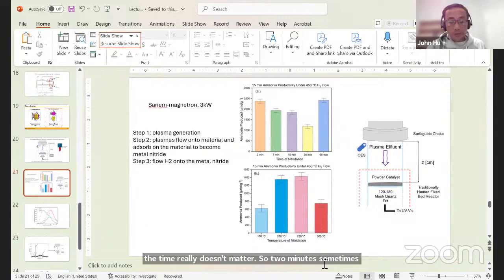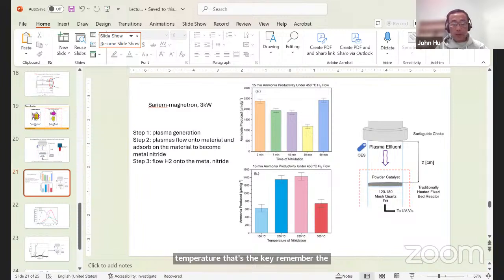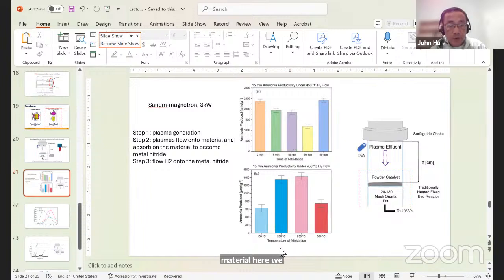Okay. So now the next curve means we fix step 2 at 15 minutes. Then we run this reaction at different temperatures. That's the key. Remember, this is microplasma, so this temperature is really the temperature of the catalyst material here. We treat it the same for 15 minutes, and then we run different temperatures.